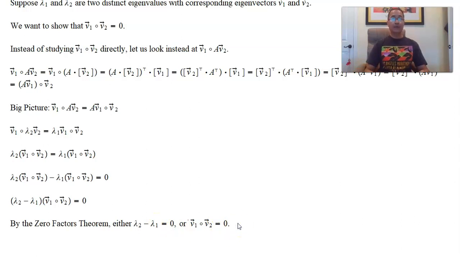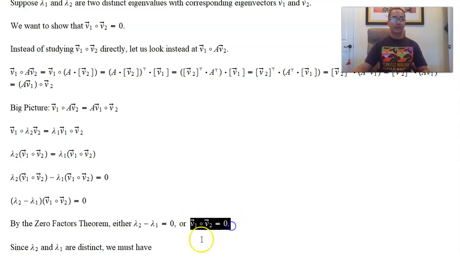So therefore, the dot product has to be 0. Since lambda 2 and lambda 1 are distinct, we must have V1 dot V2 has to be 0. End.